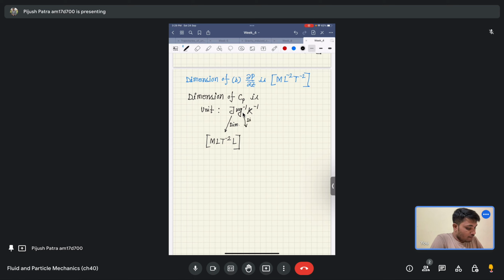This dimension is m to the power minus 1, and the dimension of this will represent theta as the temperature. Theta to the power minus 1 will denote theta as the basic dimension of temperature. So what is coming ultimately? So it is Newton meter, ml to the power minus 2 into L.